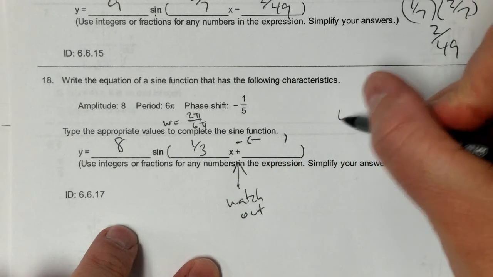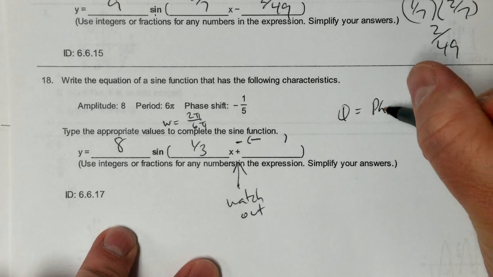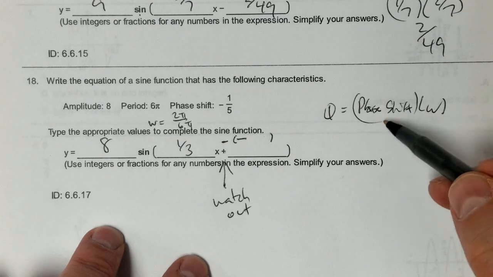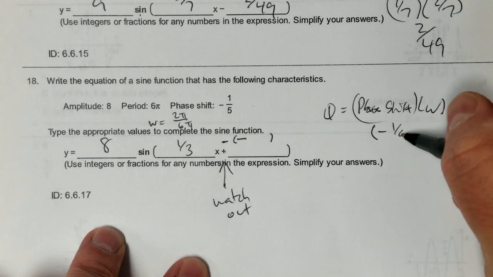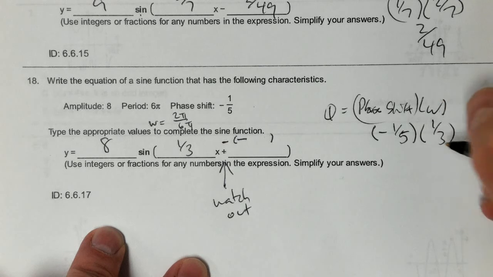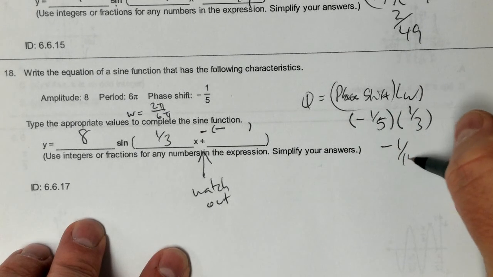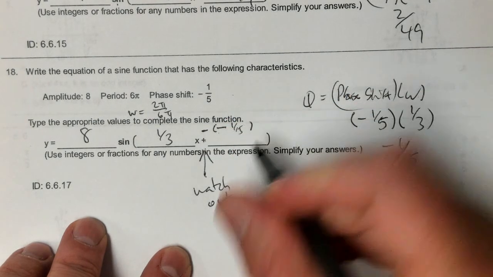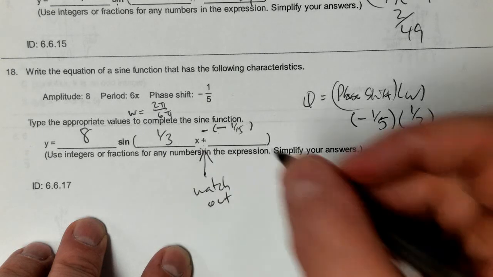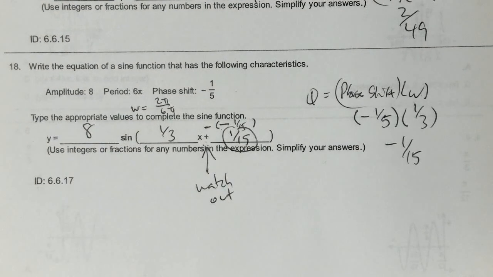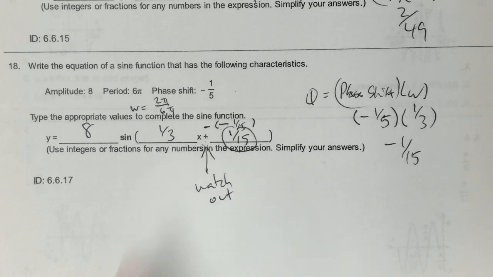So we're going to do phi is the phase shift times the W. Our phase shift is -1/5. Our W is 1/3. So we get -1/15. So we would say minus a -1/15. But this one put plus, and so you put plus 1/15. It's a bit tricky, but that's right. Watch out whenever they change it to a plus.